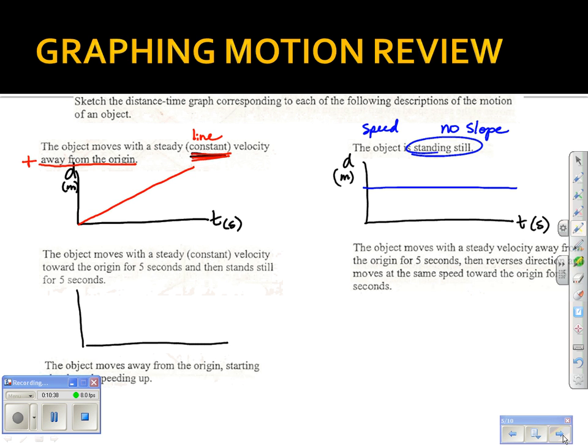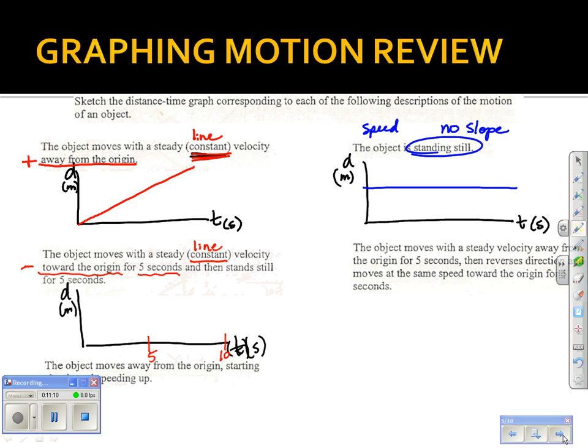This one down here, the object moves with a steady or constant velocity. Let me get my axes labeled correctly here for a minute. Oops. Time is in seconds. So it's going to be a line toward the origin, which is a negative, for 5 seconds. I'm going to put 5 seconds here, and then we'll put 10 seconds.